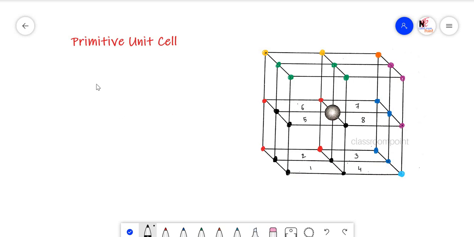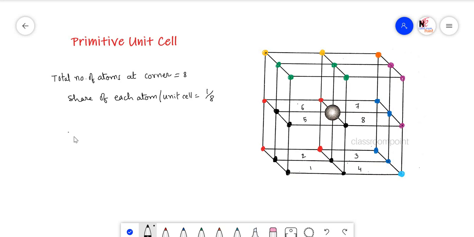Now let's calculate the effective number of atoms belonging to the simple cubic unit cell. Total number of atoms at the corners equals 8. Share of each atom per unit cell, that means towards each unit cell, is how much? 1/8, because this belongs to 1/8, 1/8, 1/8, 1/8, and like this 1/8, 1/8, 1/8.